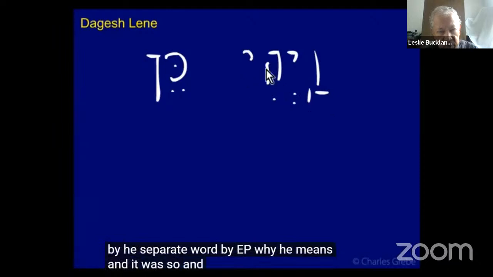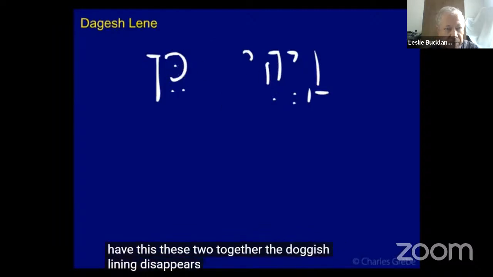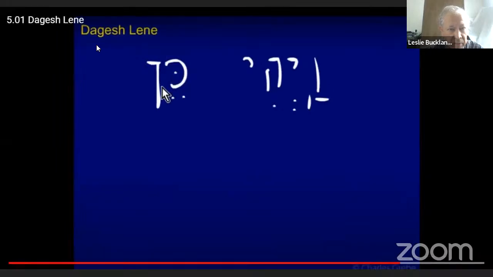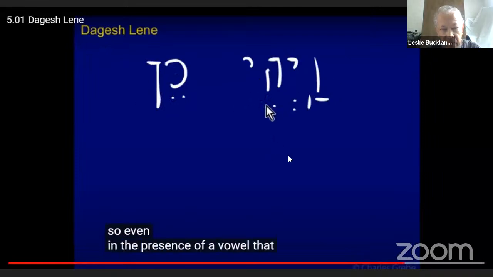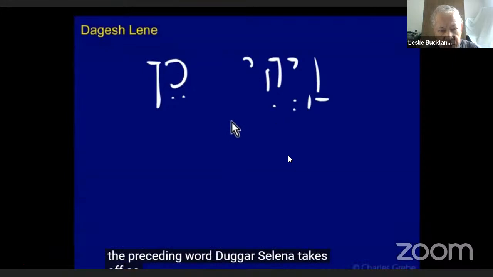Vayehi means and it was, so and it was so. When you have these two together, then dagesh lene disappears. So let's get rid of it. So even in the presence of a vowel that is in the preceding word, dagesh lene takes off. So it's not that strong.